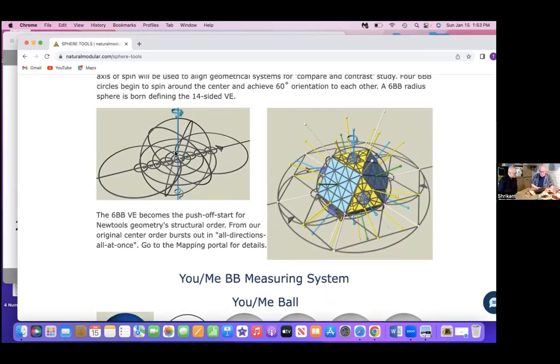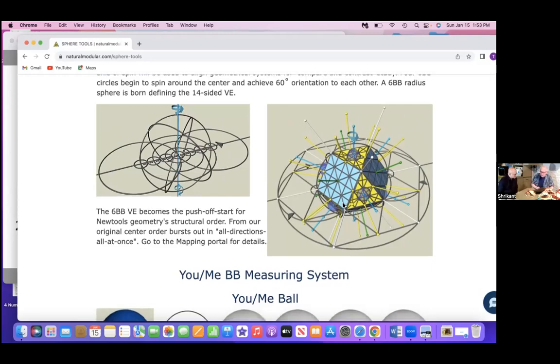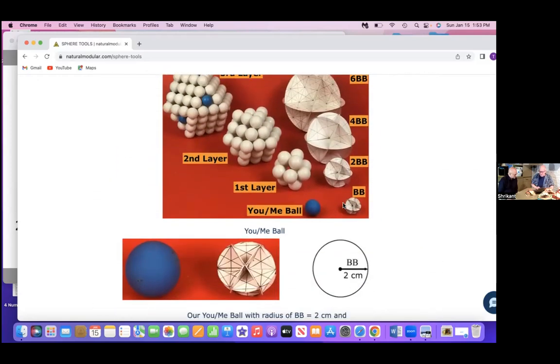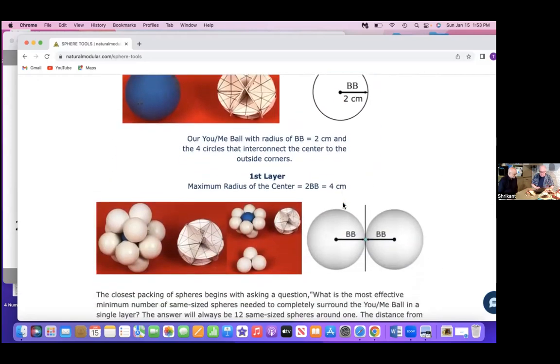And then 4 circles can make the vector equilibrium here, as we saw earlier. And then these are all of the mapping, these first burst out in order of these directions that we'll get to later. So we've talked about the closest packing, I don't think we need to go over this.